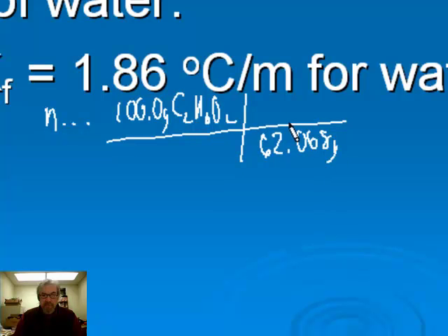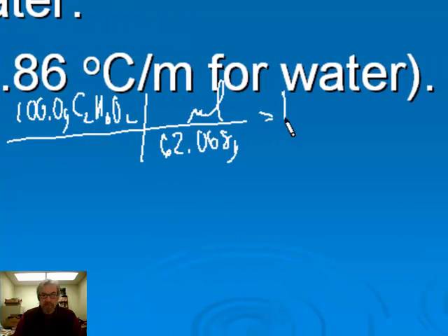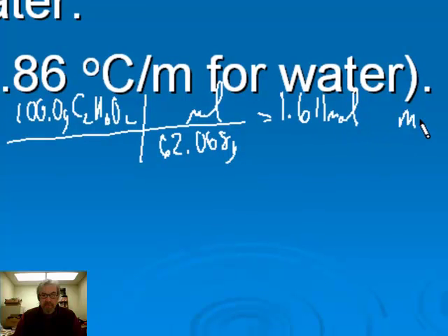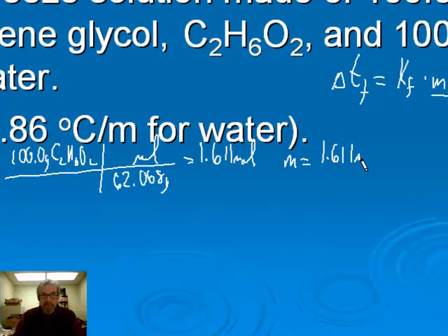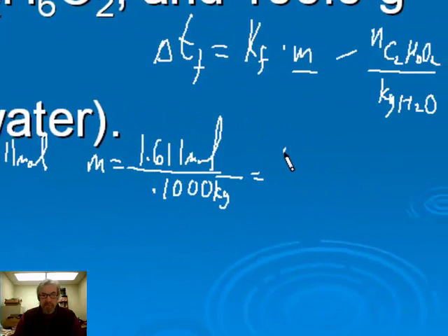So that means we have 1.611 moles of solute. So the molality is 1.611 moles of solute divided by 100 grams in kilograms. If you divide by 1,000, that's 0.1000 kilograms of water. So our molality, when you do this arithmetic, is 16.11 molal.